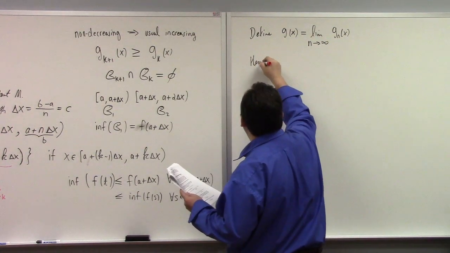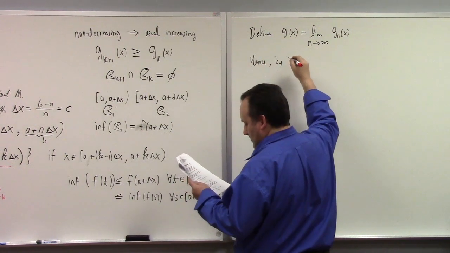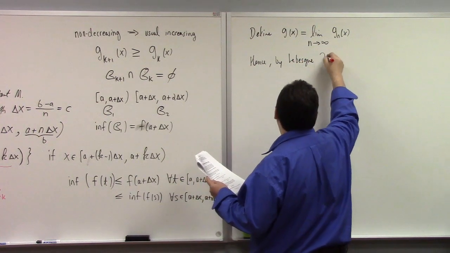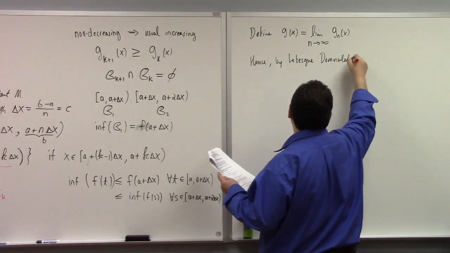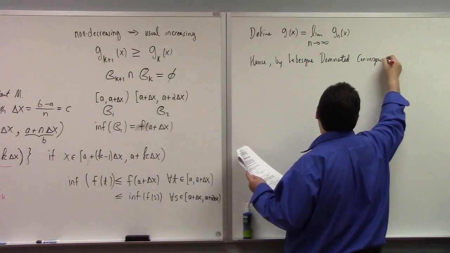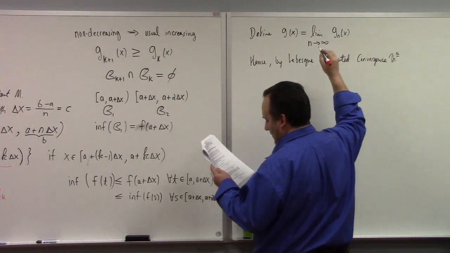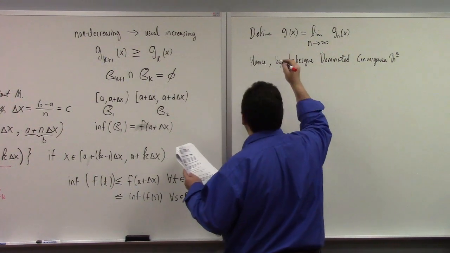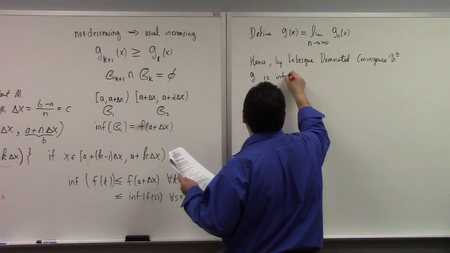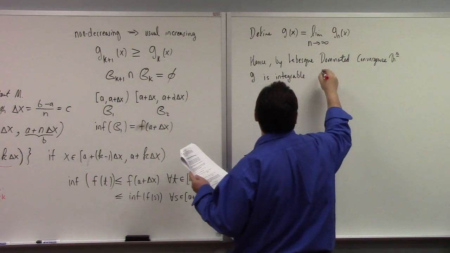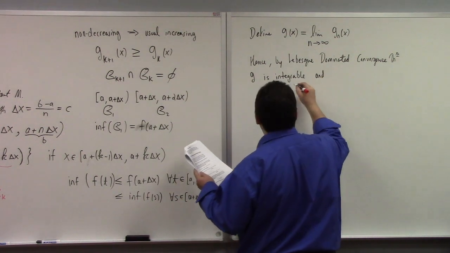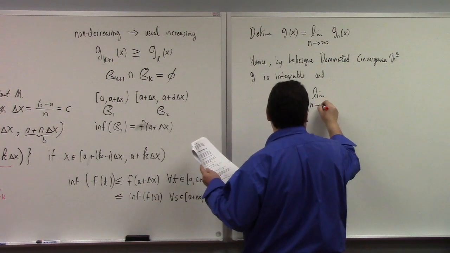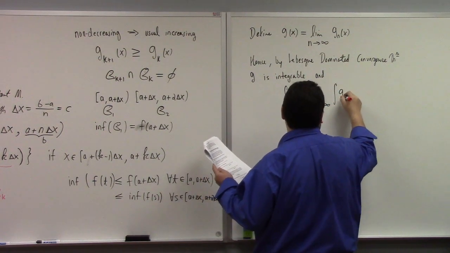So, hence, by the Lebesgue dominated convergence theorem, g is integrable, and keep in mind that means Lebesgue integrable, and the integral of g is equal to the limit as n goes to infinity of the integral of gn.